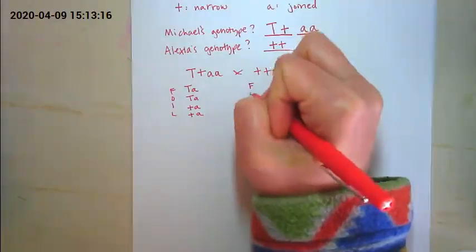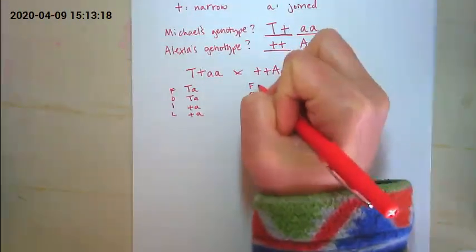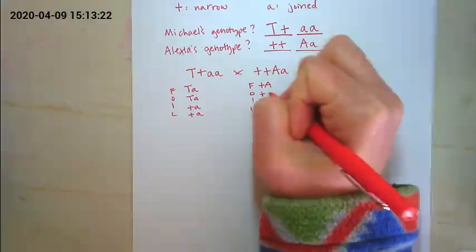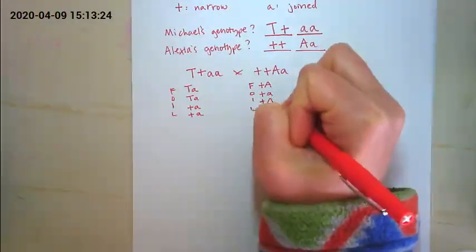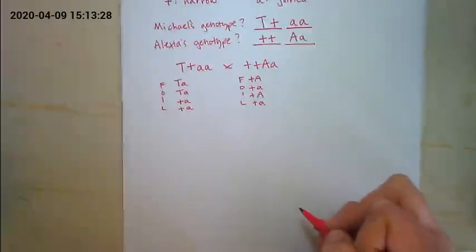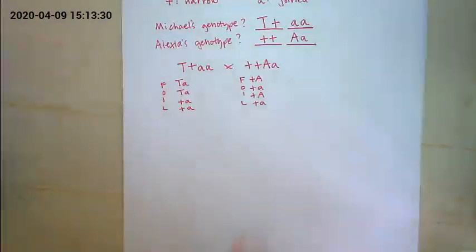Let's foil Alexia. Okay, so we've made Michael's sperm and Alexia's eggs.